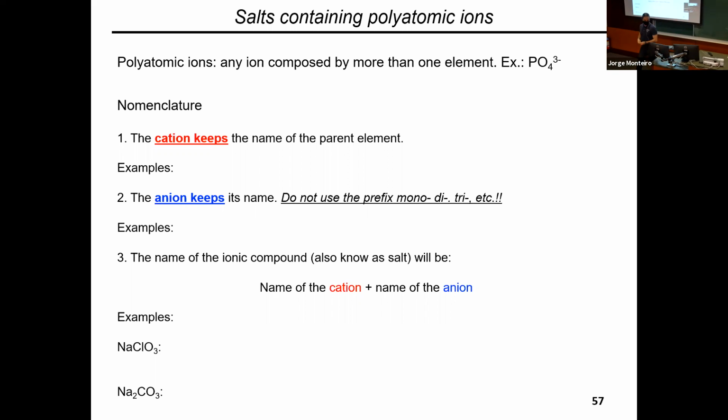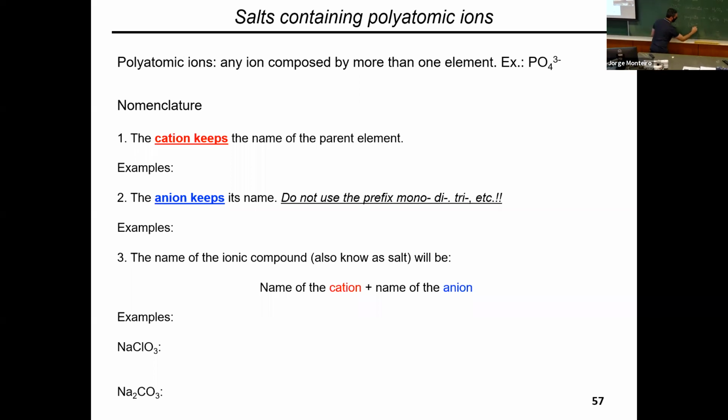ClO3 is a polyatomic anion and comes from ClO3 minus. And I'm going to just do an adjustment here. Between parentheses, the minus charge is for the whole thing. So this is negative.